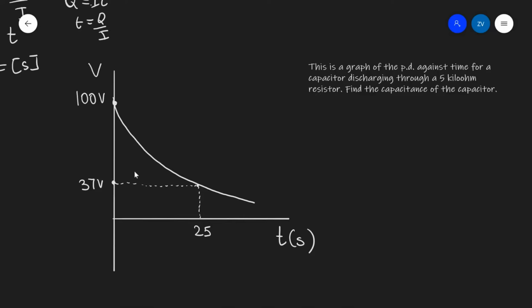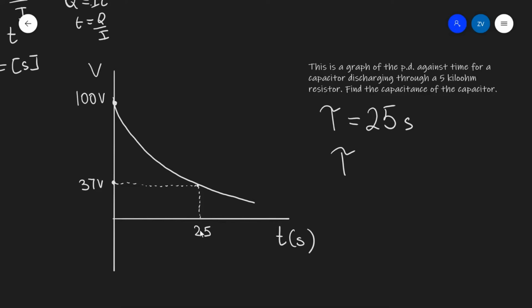First off, if we have this graph, we have the time constant, because the voltage is initially 100, then drops down to 37 volts, which is 37% of its initial value, in 25 seconds. This would mean that the time constant T is equal to 25 seconds.